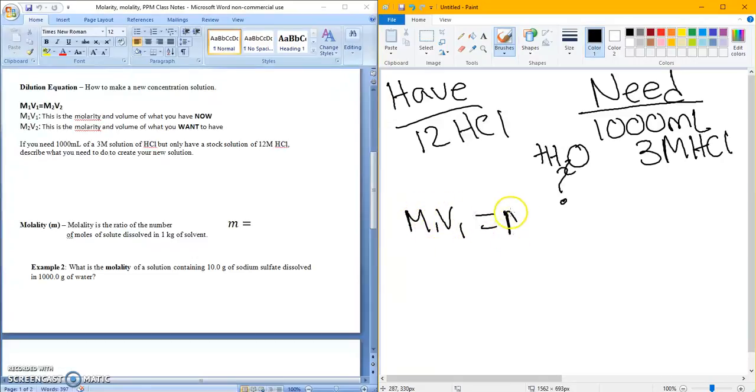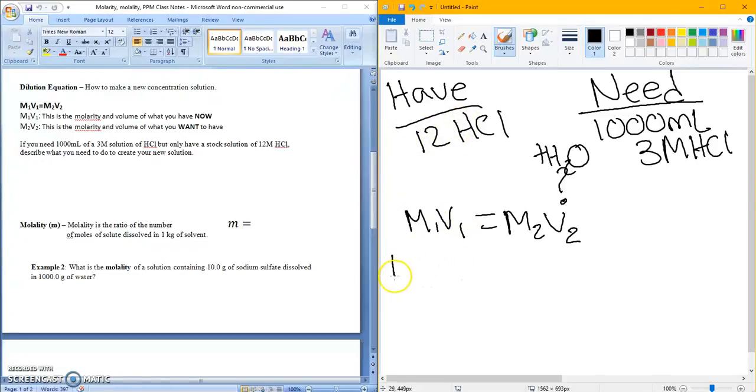M1V1 equals M2V2. Alright? So M1V1 equals M2V2. M stands for molarity, and V stands for volume. Now, this helps me by saying, okay, so M1V1, that's talking about the concentration I have.